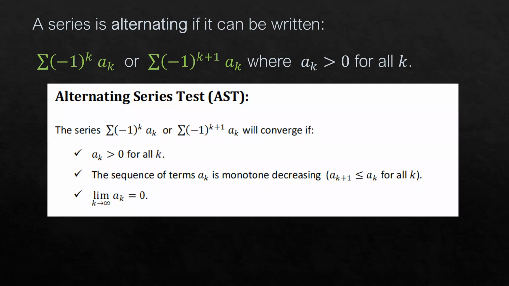And the alternating series test states that if a_k is positive for all k, and if the sequence of terms is monotonically decreasing, and the limit as k goes to infinity of a_k is 0, then if those three conditions are met, the alternating series will converge.